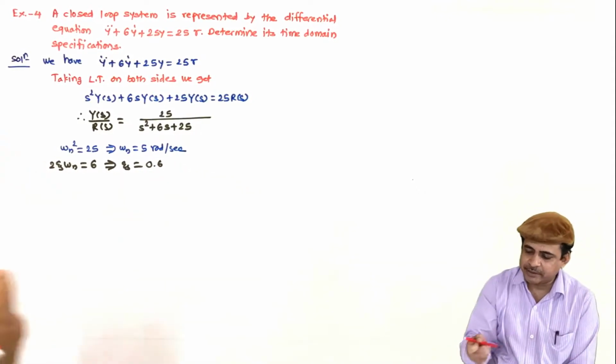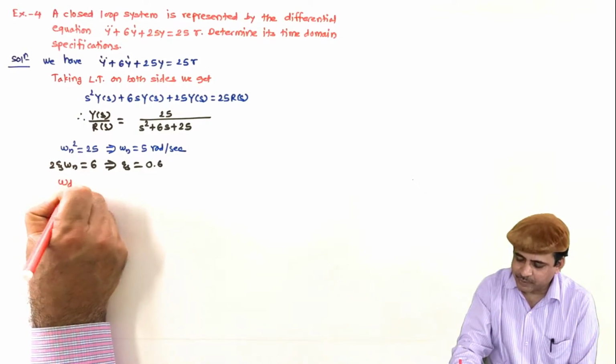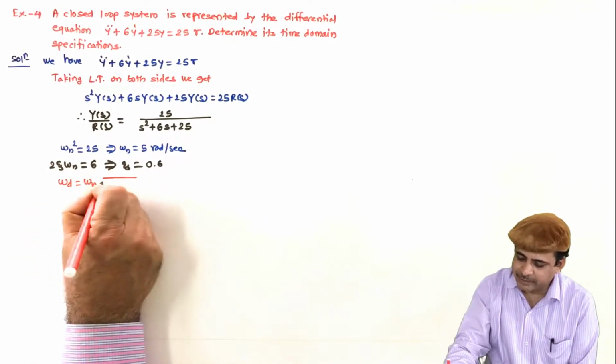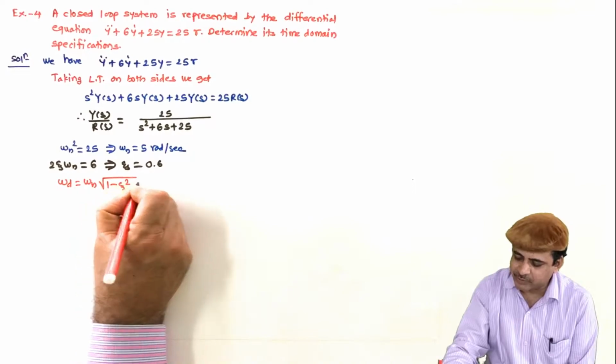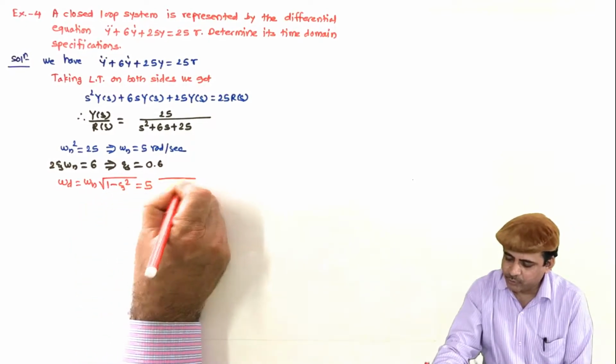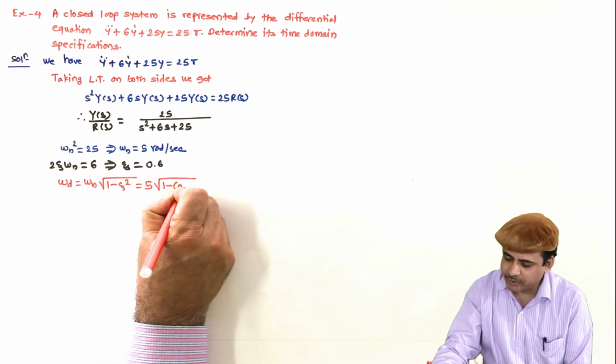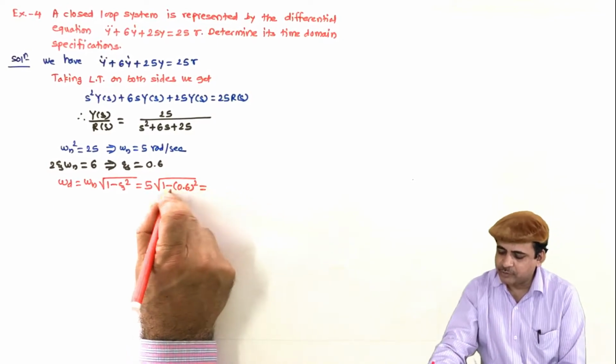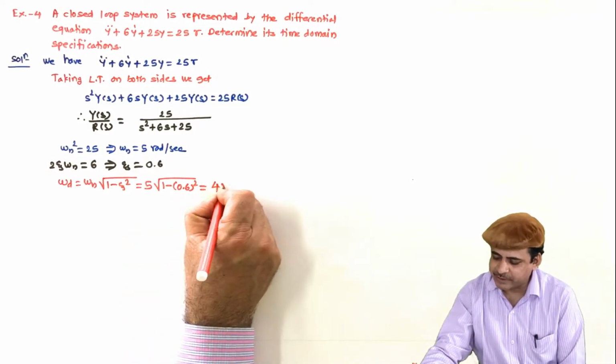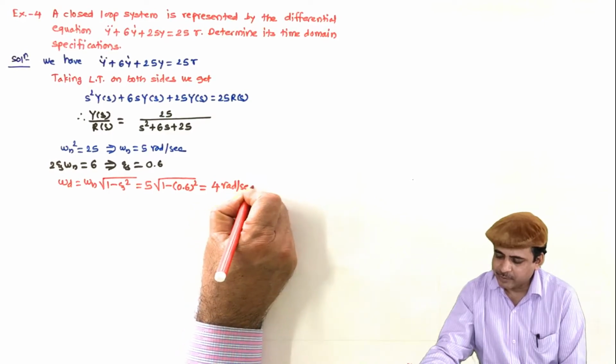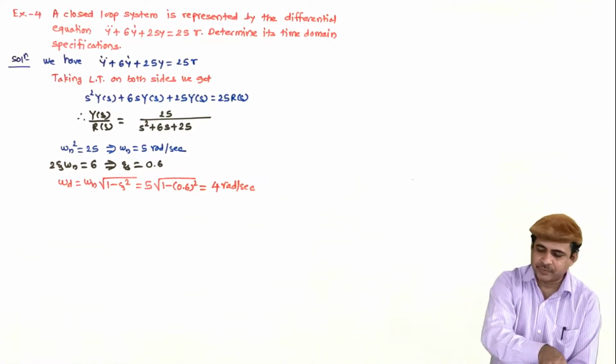From this, omega d is equal to omega n into under root 1 minus zeta square, it is nothing but 5 into under root 1 minus 0.6 whole square, so this will be 0.8 into 5, 4 radian per second. On calculation you will get it.